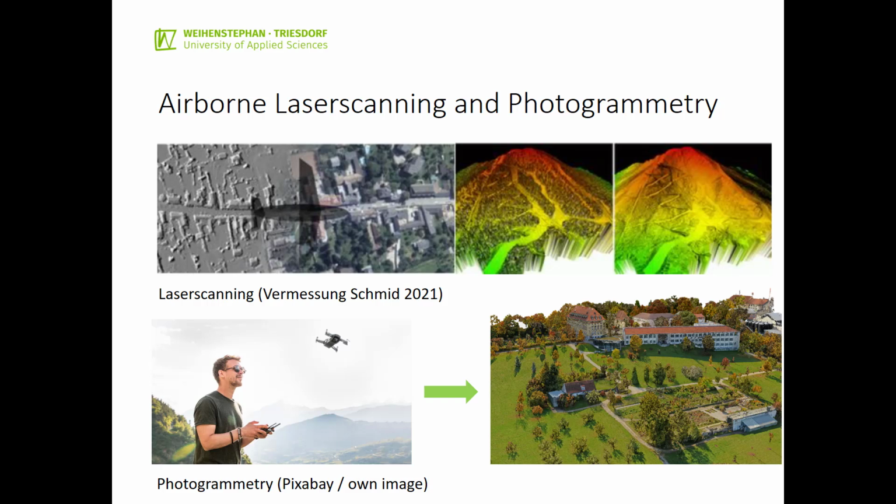The computer will identify the identical points, put them in relation to each other, and calculate a 3D point cloud from that. And on the right, you see our campus. That is not a photo, it's a 3D point cloud. If we zoomed in, you would see millions and millions of little points. And we created this model through a flight with an off-the-shelf DJI drone.